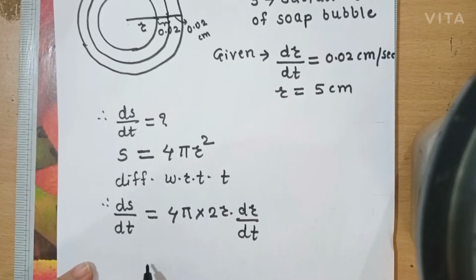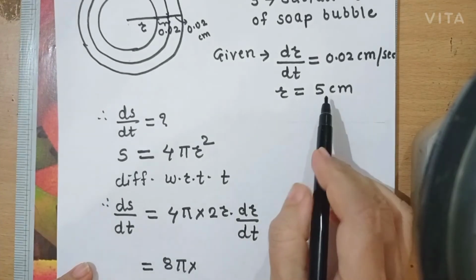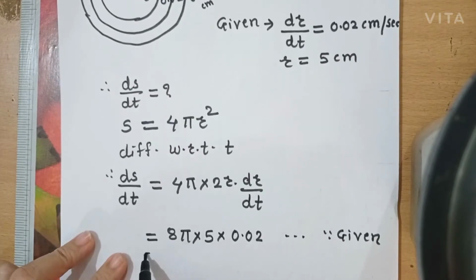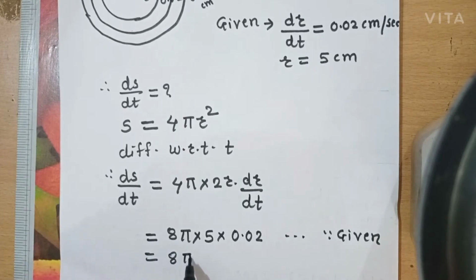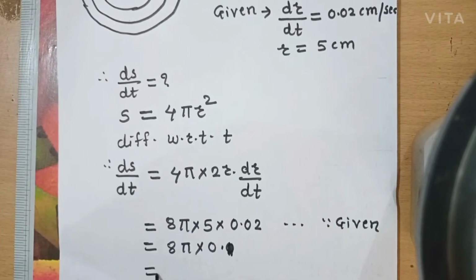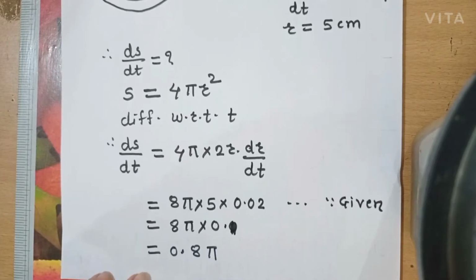Now in the next step we will substitute whatever is given. 4 2s are 8 pi, radius is given, it is 5 centimeter, and dr by dt is 0.02. So that is equal to 8 pi, and this multiplication 0.1, and that is equal to 0.8 pi.